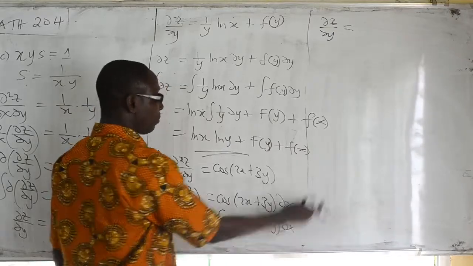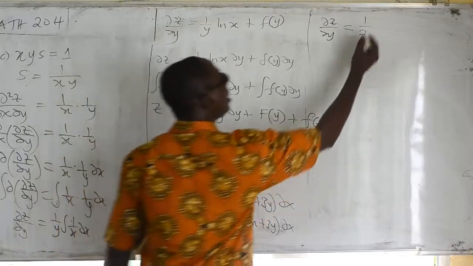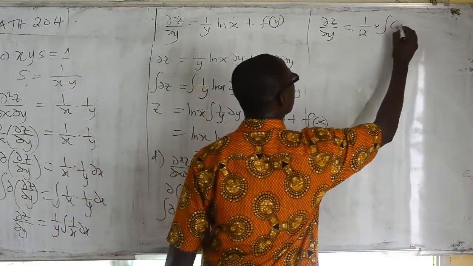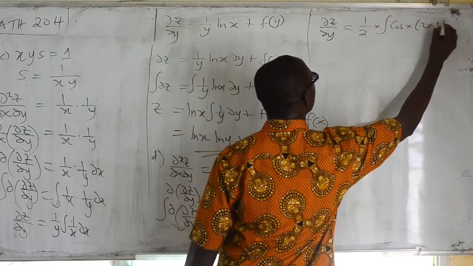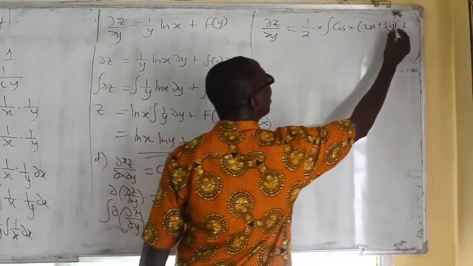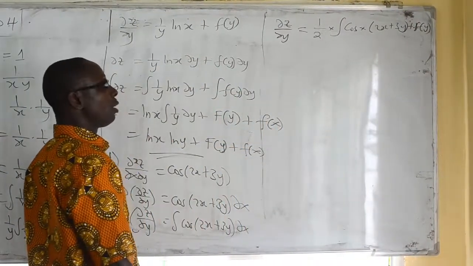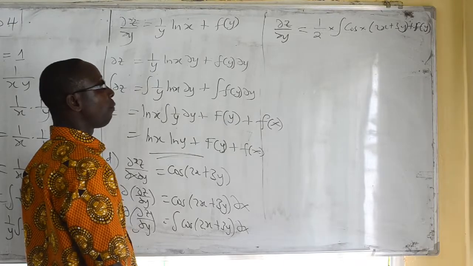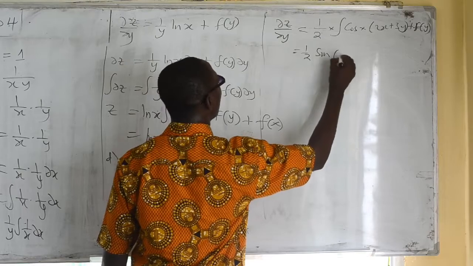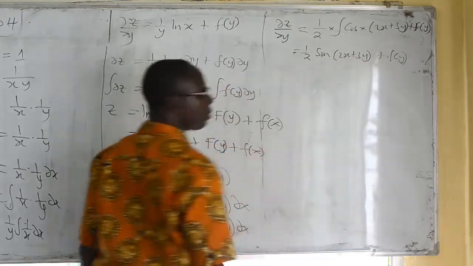Since it is with respect to x, 1 over the derivative with respect to x, so 1 over 2 times integration of the trig there is cos, times the question, plus, since it is with respect to x, its function will be a function of y. So we have 1 over 2 sine 2x plus 3y plus f of y.